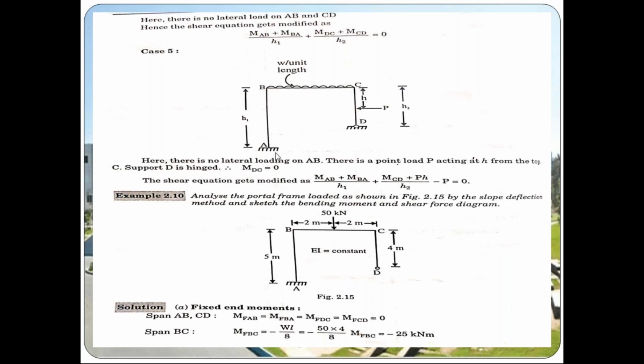Here the end supports are different: joint A is a fixed support and joint D is a hinged support, so there will be no moment at joint D. We have a load in span CD, and because of that load we'll have a moment at point C, so plus PH divided by H2, minus P because of this load. This is the shear equation for case 5.